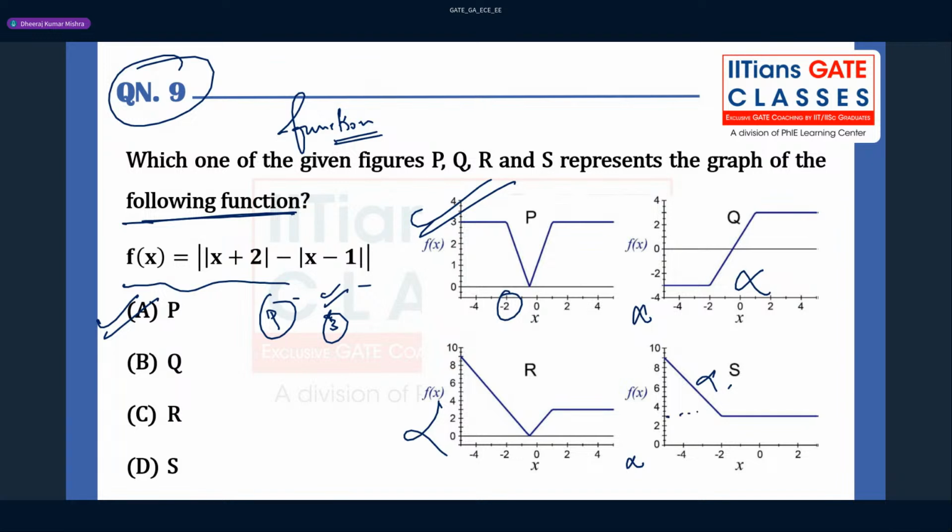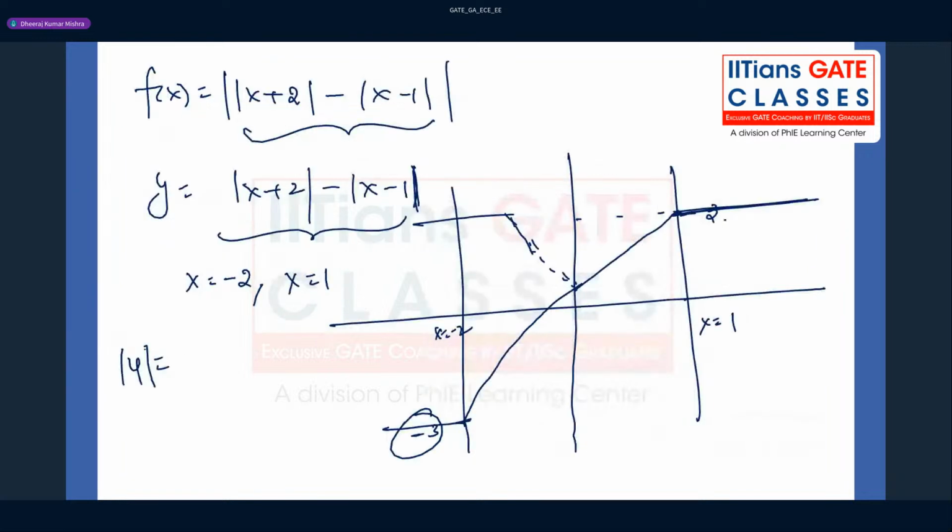You can just check it, but taking some value and putting it here is not the correct way of solving. You have to first evaluate inside the modulus and then take the modulus. Taking the modulus is nothing but what? It makes all the values of bi which are negative positive. Here minus 3 is negative, so it will be going up like this, right?